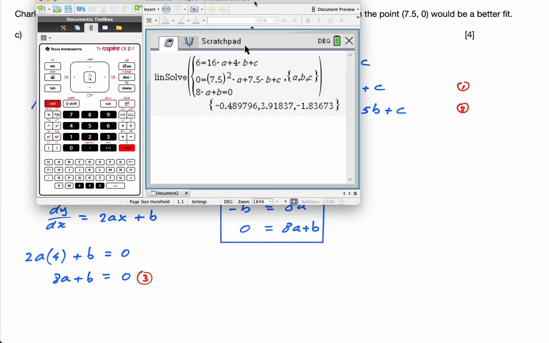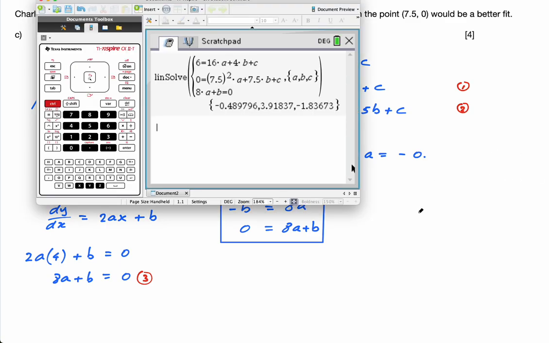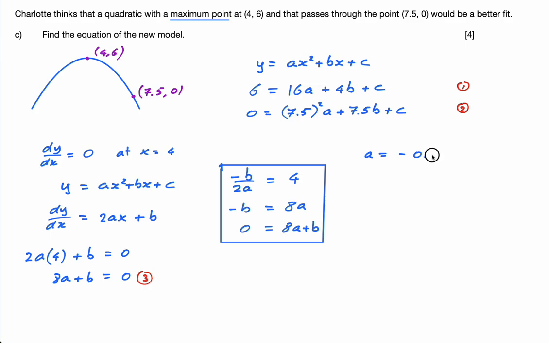Now this is my A, B, and C. So A is negative 0.489796. Let me say that again. A equals negative 0.489796.